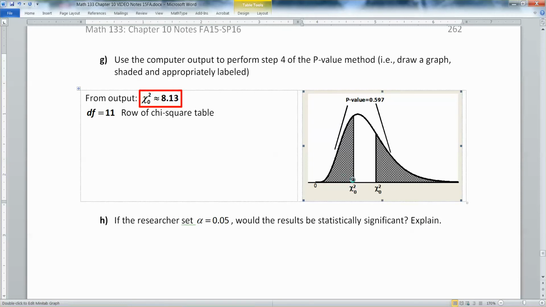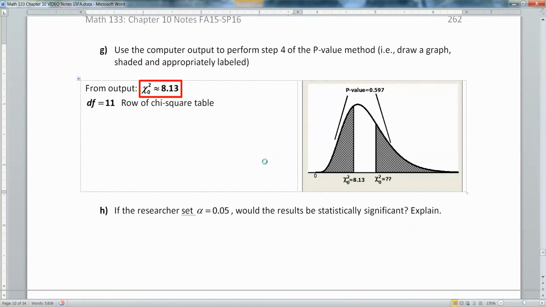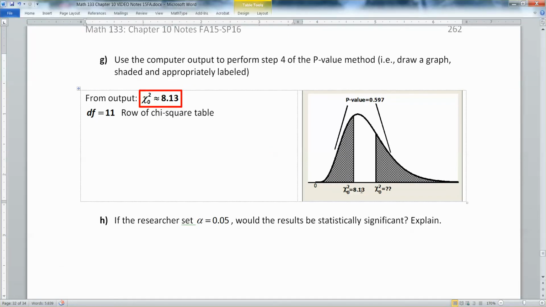So that means that the number on the left is actually the 8.13. There, and I just labeled the graph as such. Now keep in mind, we don't actually get to know what the one on the right is. We don't have the information for that, and we're not going to figure it out. But we know that the left-hand value is 8.13.